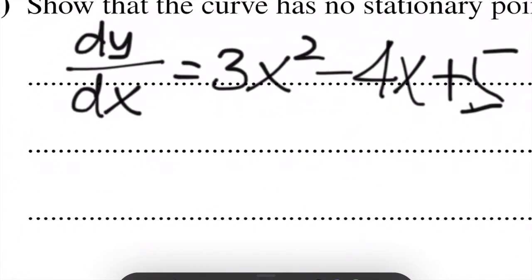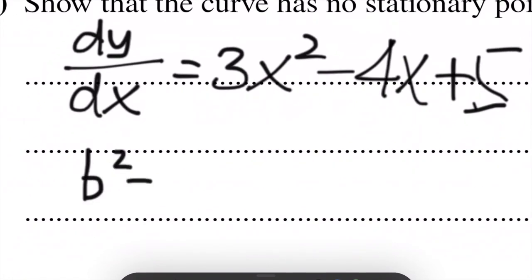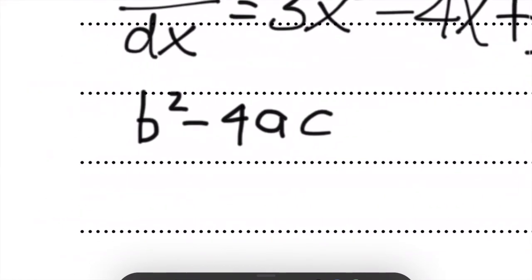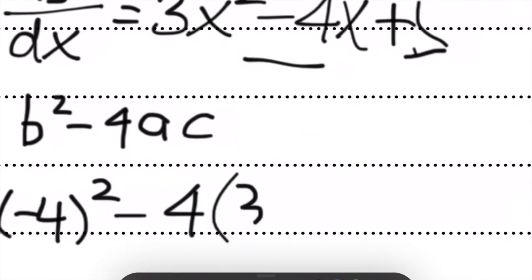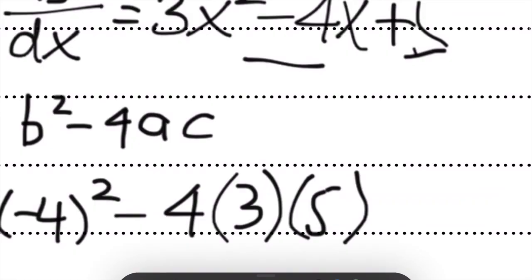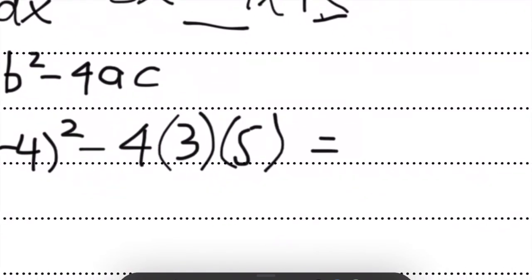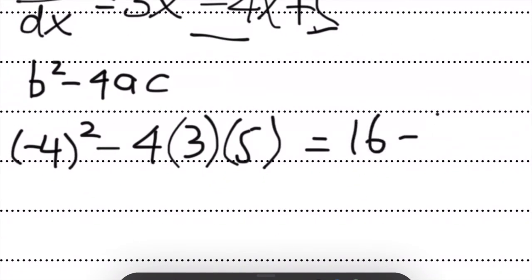Now we'll find the discriminant of this using b squared minus 4ac. b is negative 4, so negative 4 squared. a is 3 and c is 5. This will give us 16 minus 60, which is negative 44.